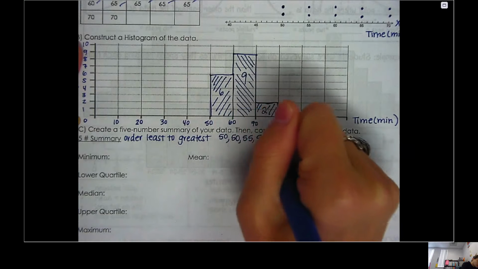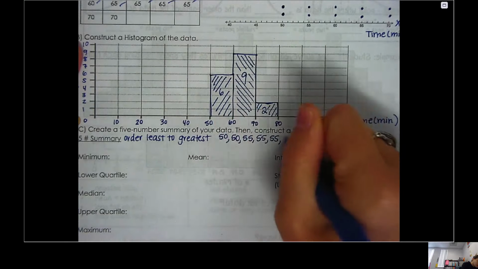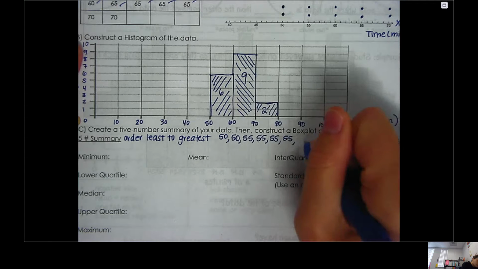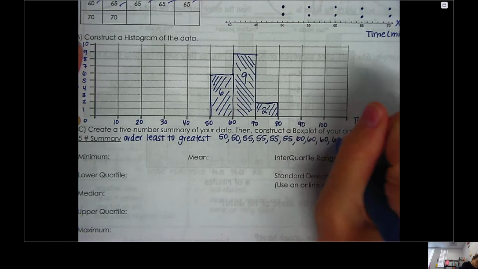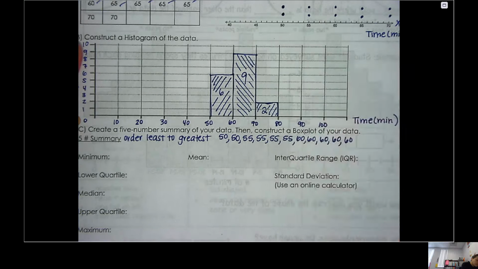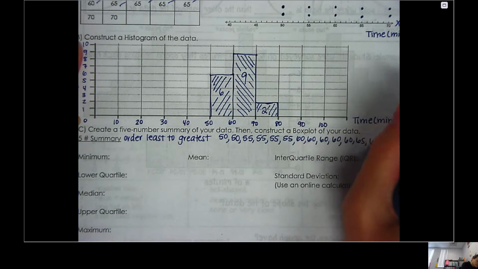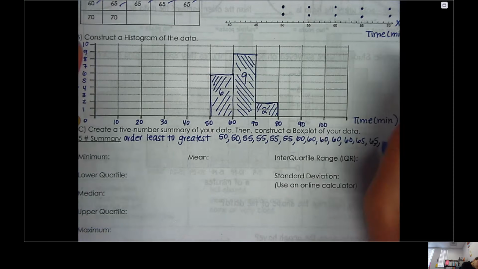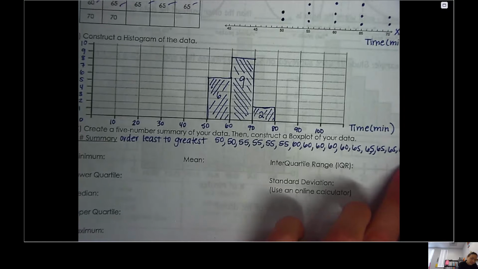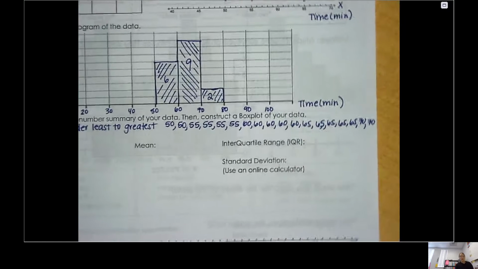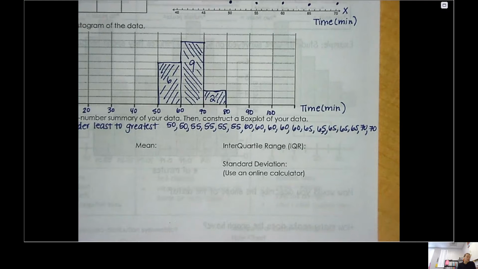Don't write too big. And then once you've rewritten them, count them, make sure you have 17.